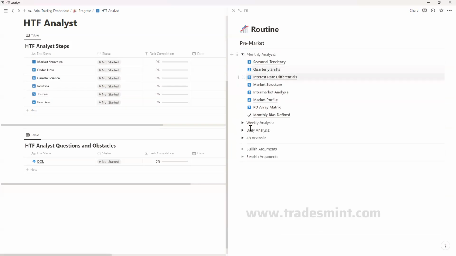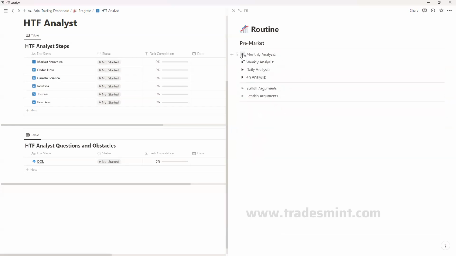I used to do all this analysis. So if you do start with a long list of analysis, it's not necessarily bad, because slowly, with time, with experience, you will filter it down, and you will look at things you don't want to use, and things you do want to use. So if you do have a pre-market routine you're not satisfied with fully right now, then just stick to it.